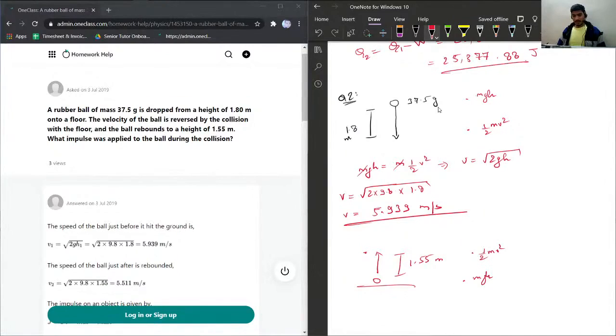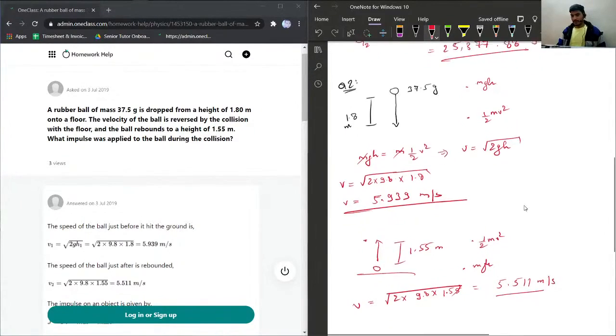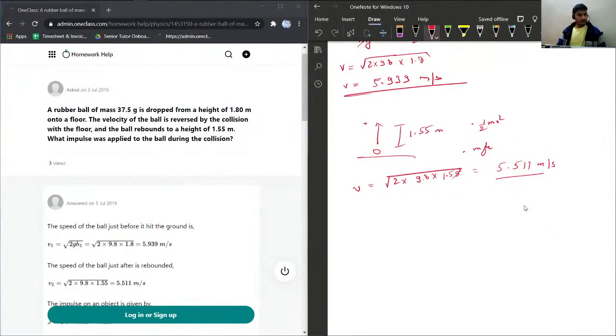So we can use the same formula: v is square root of 2 times 9.8 times 1.55, which is 5.511 meters per second.